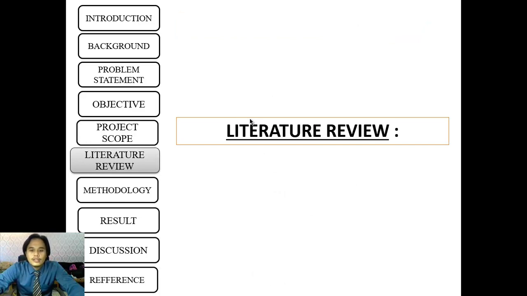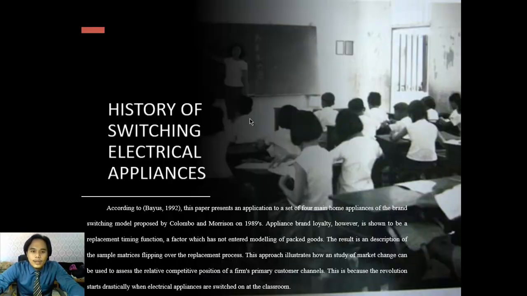The next one is the literature review. In the literature review, we do some research comparing our project with past projects. There is a history of switching electrical appliances, because my project focuses on the electrical appliance and how to switch it on.